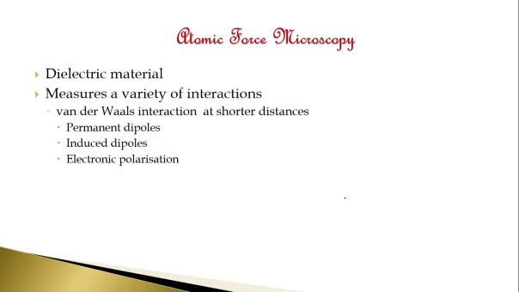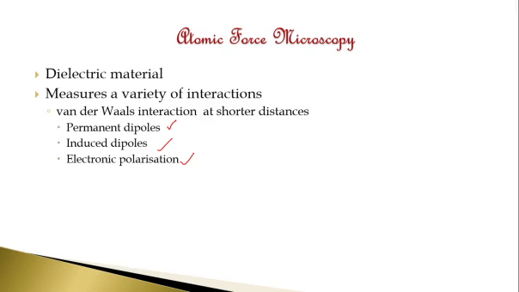Now let us focus on the atomic force microscope. The atomic force microscope is used as a probe lithographic technique for materials which are dielectric. So it measures a variety of interactions, like van der Waals interaction at short distance, or permanent dipoles, induced dipole, or electronic polarization.